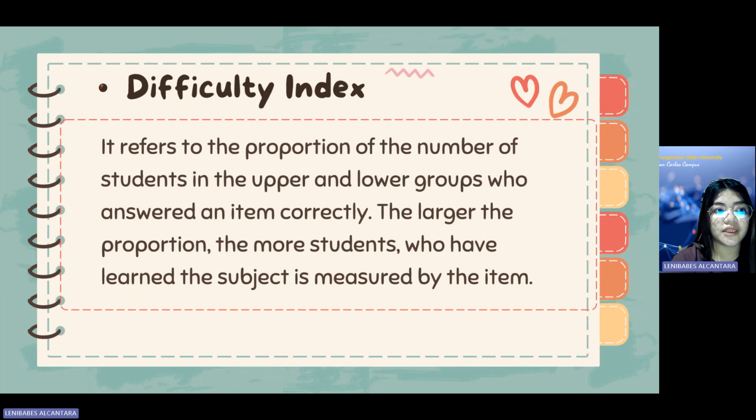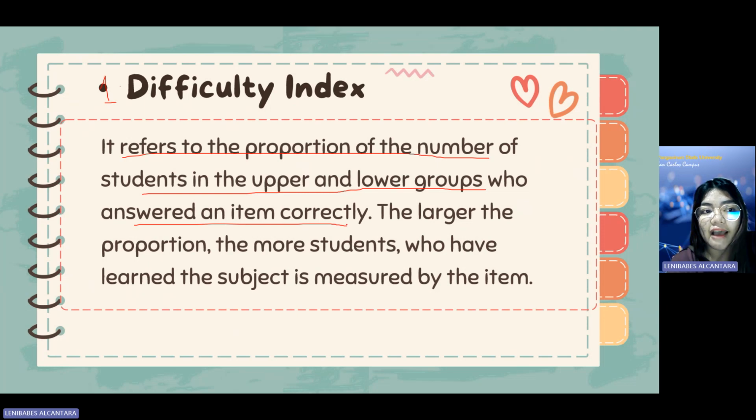Now let's start. Okay, this is supposed to be one, of course. In the quantitative item analysis, you should know what this difficulty index is. Okay, it refers to the proportion of the number of students in the upper and lower groups who answered an item correctly. Okay, by having this difficulty index, malalaman natin kung ilan sa mga estudyante natin ang nakakuha.